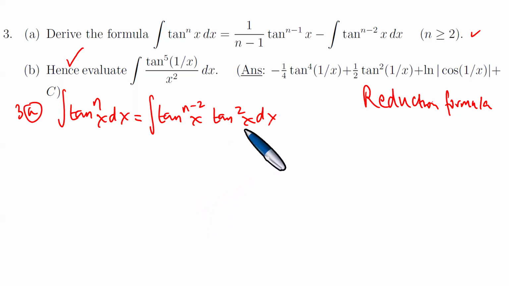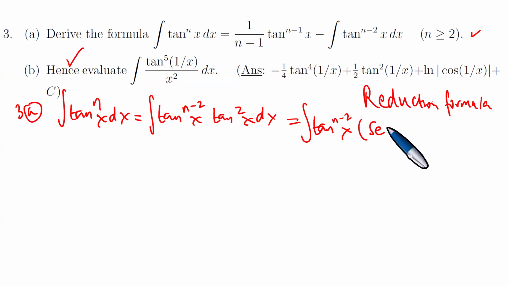Once you get to this point, you can break it down to tangent n minus 2 x. And then what is tan squared? We saw that tangent squared is secant squared minus 1.